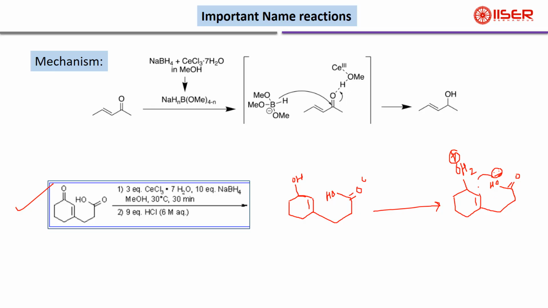Another probability is it will attack this allylic position and the double bond will move here. So it will give us a fused 5 and 6-member ring, the formation of which is better than that of a bridged 7-member ring.